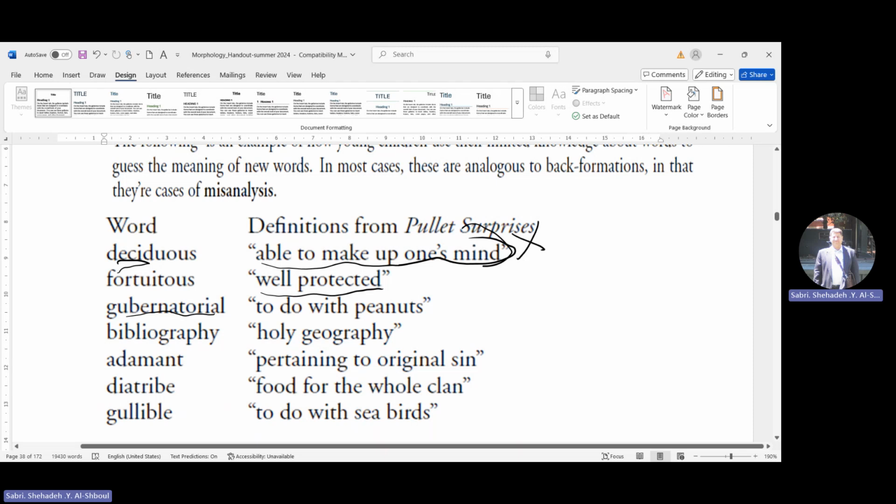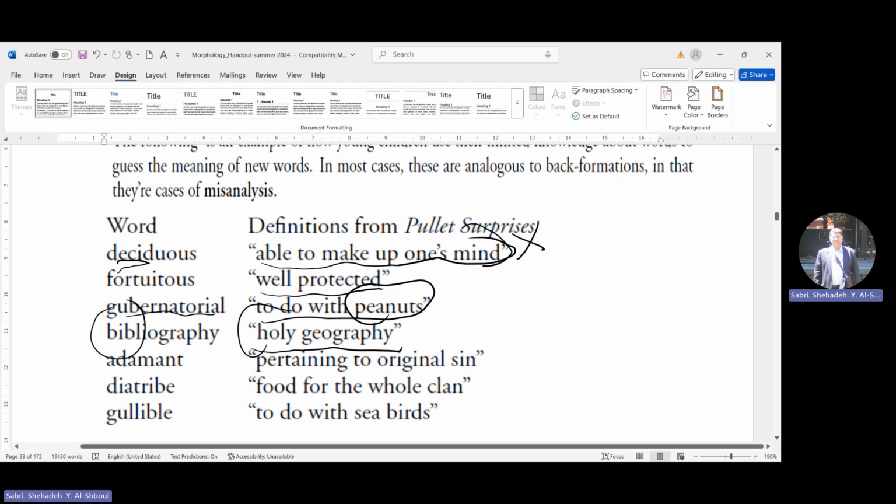They thought by mistake that it has to do with peanuts. Bibliography means an index, list, or catalog, but by mistake they thought it is a holy geography, from Bible and geography.